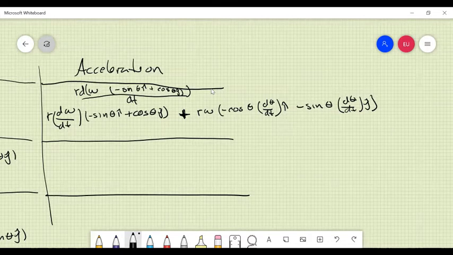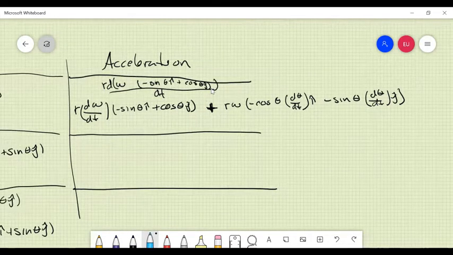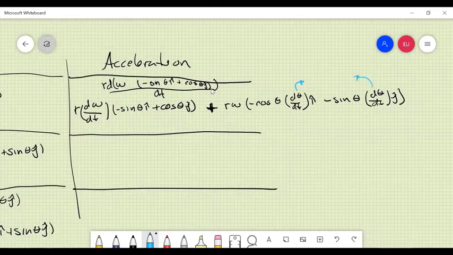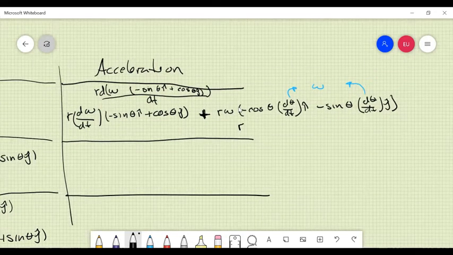Now, a few things to know here: this bit, what is it? The change of theta with respect to time. Omega. And I also have an omega here. So the second term will end up being r omega squared times minus cosine of theta minus sine of theta.